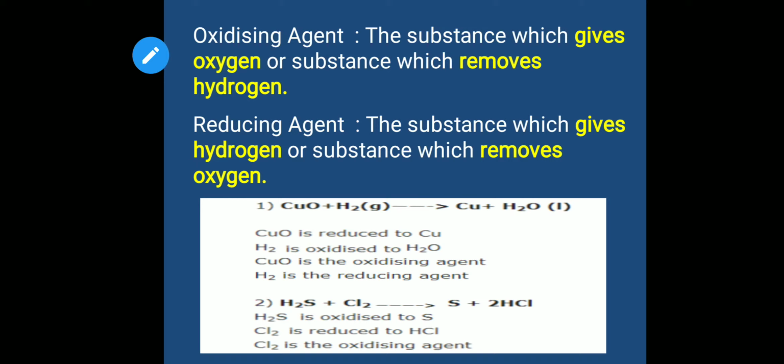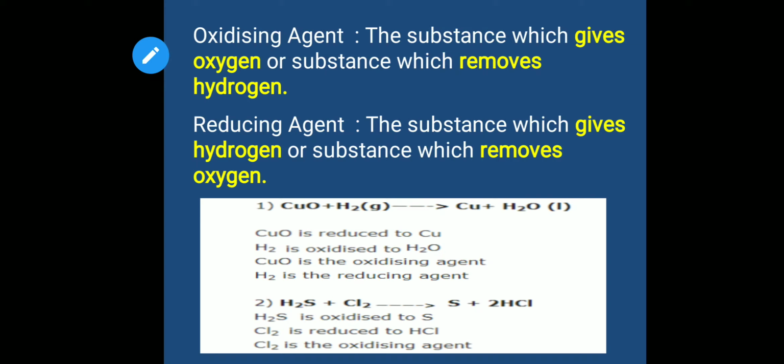Here CuO, copper oxide, is reduced to Cu and H2 is oxidized to H2O, and here copper oxide is an oxidizing agent and hydrogen is a reducing agent. Meaning in this reaction hydrogen is helping copper oxide get reduced to Cu. So hydrogen is a reducing agent here, and copper oxide is losing oxygen and becoming copper, meaning reduction of CuO takes place.